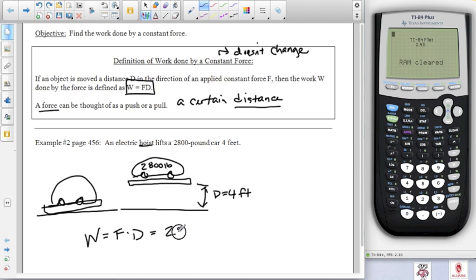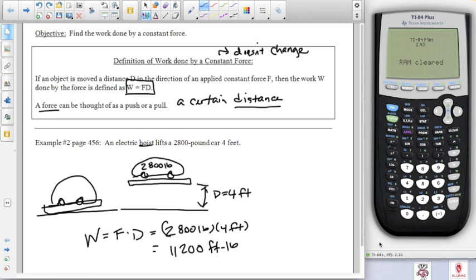All we have to do is multiply those two values together. So 2,800 pounds times 4 feet. And when you multiply those two values together, you get 11,200 foot-pounds.